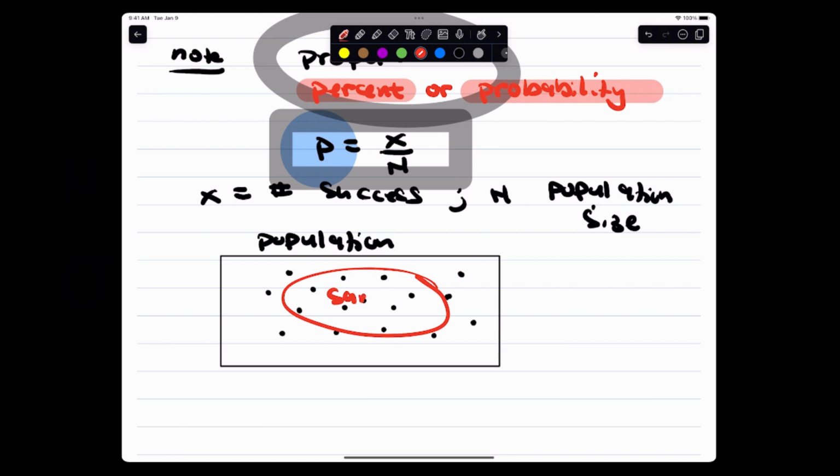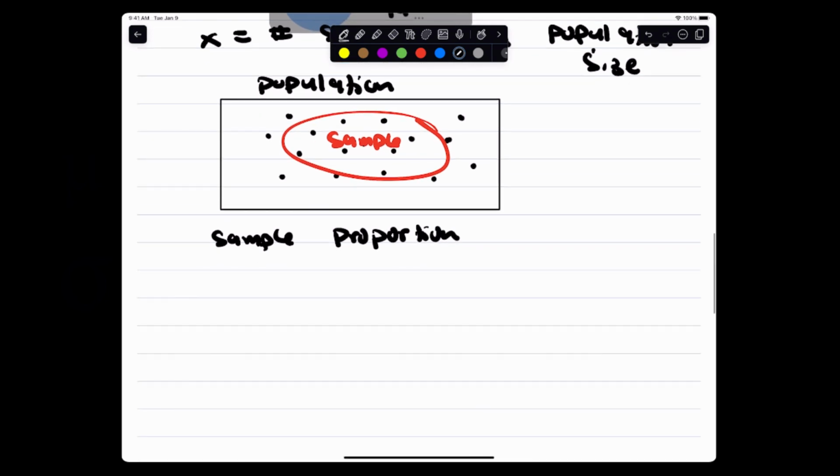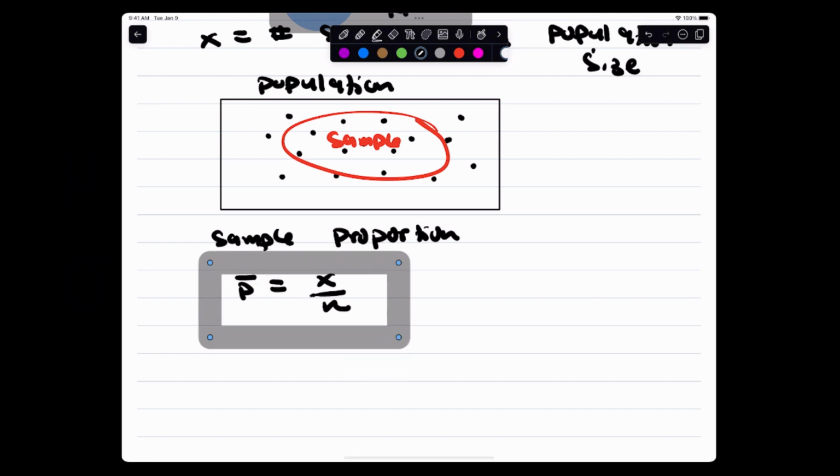You take a sample. Do you guys remember that? It's a very similar definition. Your sample proportion, P hat, equals X over N. X is the number of successes. N is the sample size.